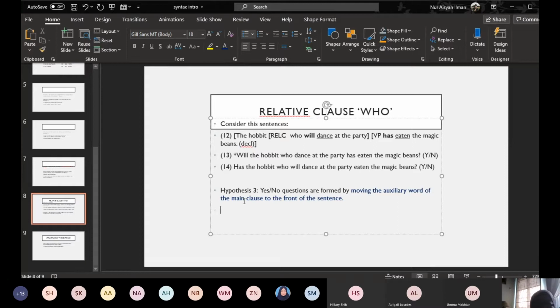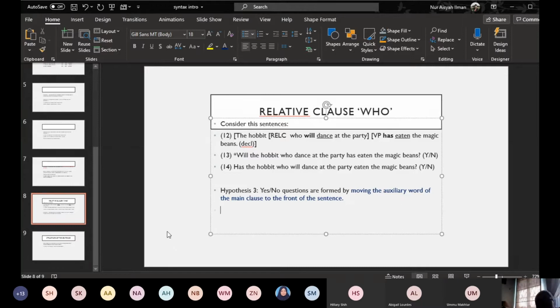How they behave is, for example, the relative clause, which modifies the hobbit, to make the hobbit more specific. And the relationship between has and eaten is saying that it's a present perfect tense.